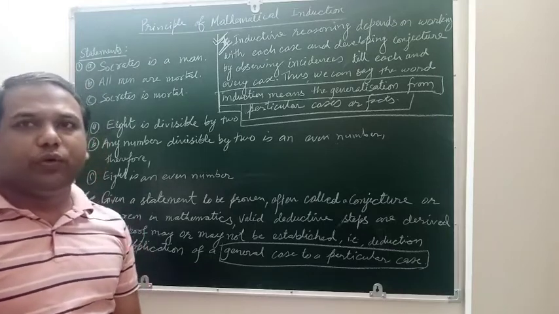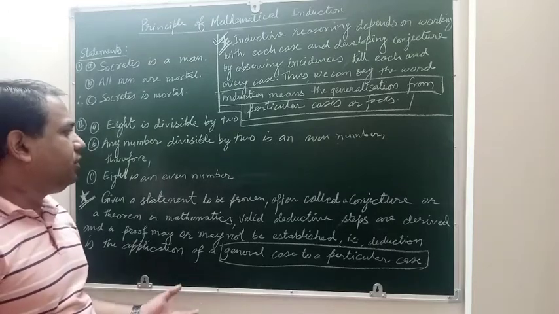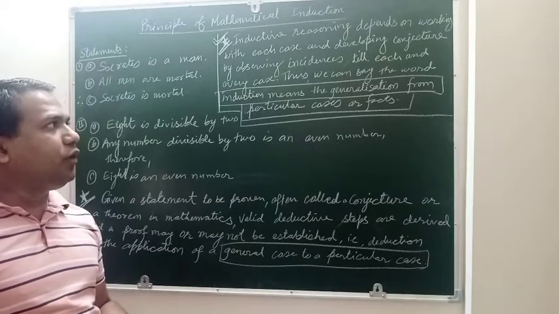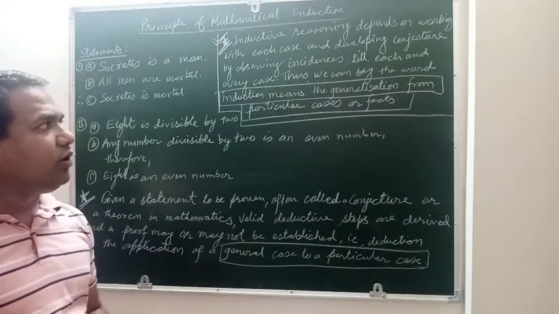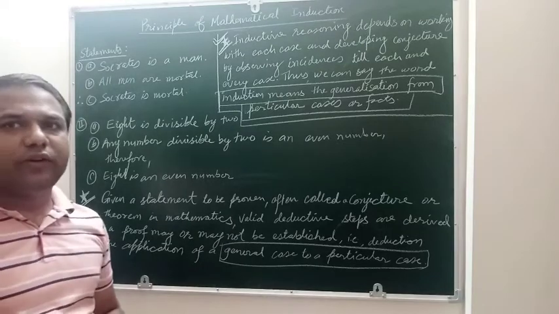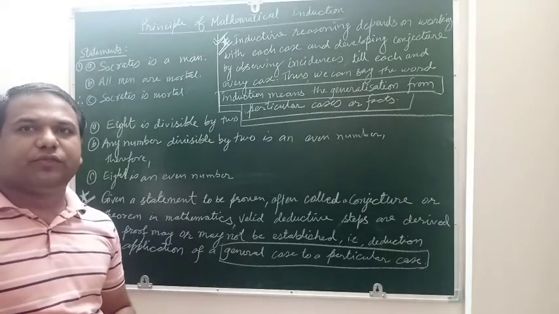So what we will be doing is, we will make generalizations from particular cases or facts. Basically, whatever formula you can see in mathematics is nothing but a generalized form.